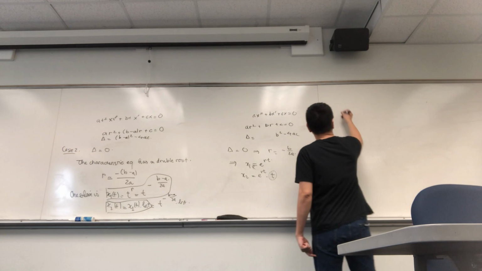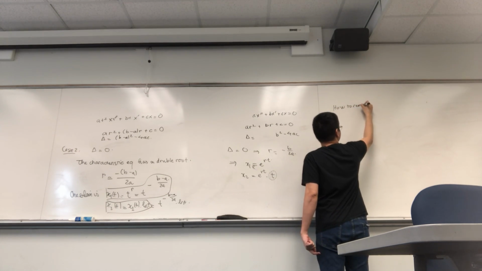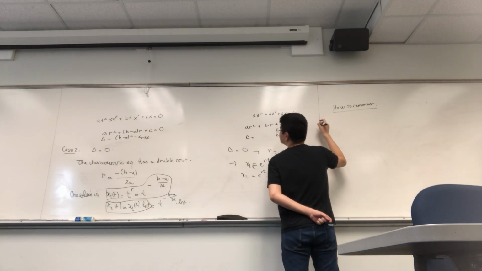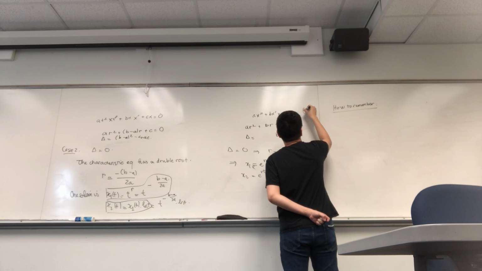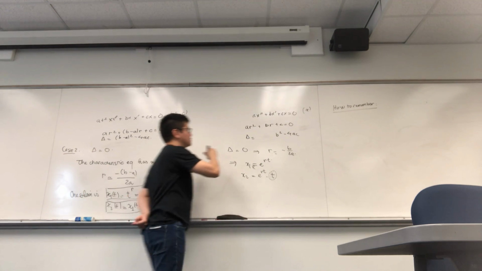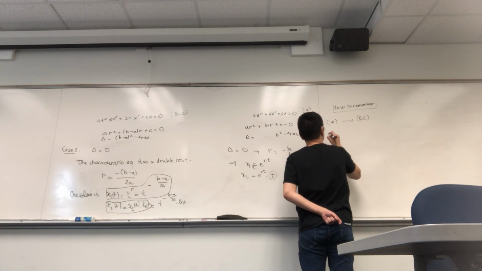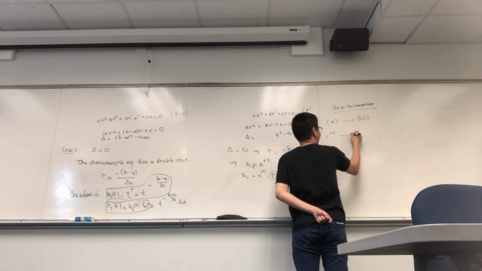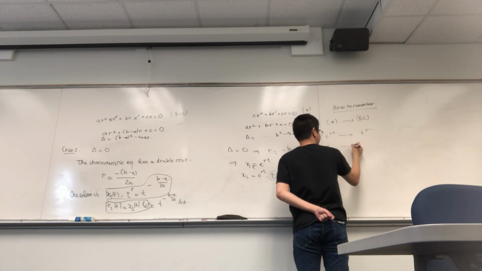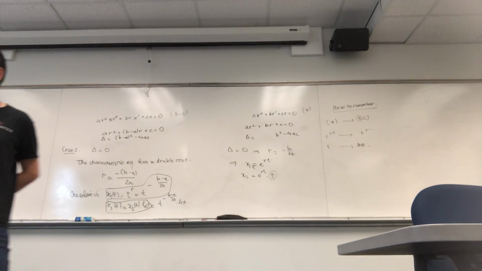So how to remember? Star, and this is Euler Cauchy. So you go from star to Euler Cauchy by replacing e to the rt with t to the r, and then you replace t with log t. Right?